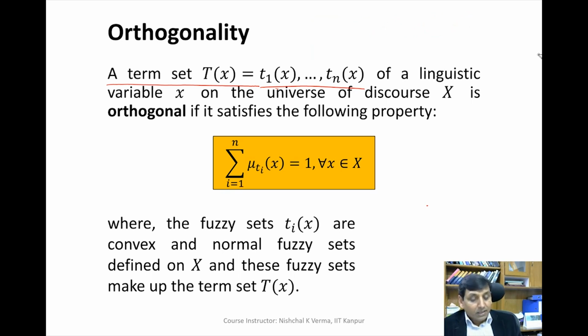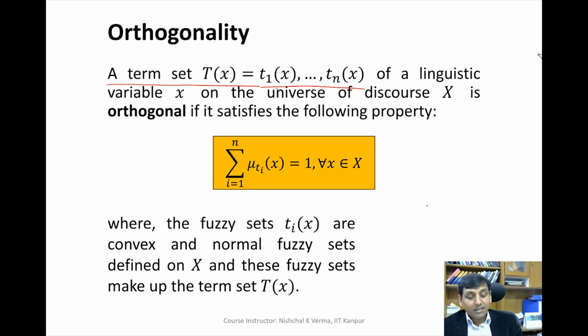So here, what is the orthogonality? If we have a term set Tx, and this term set has T1x, T2x, T3x, and so on up to Tnx of a linguistic variable x on the universe of discourse capital X, it is called orthogonal if it satisfies the following property.